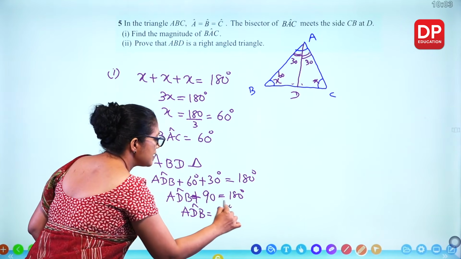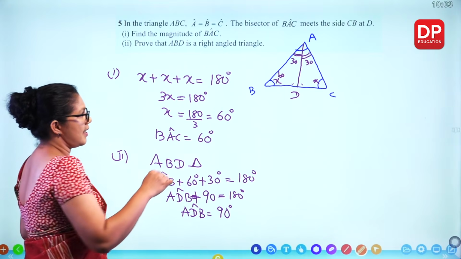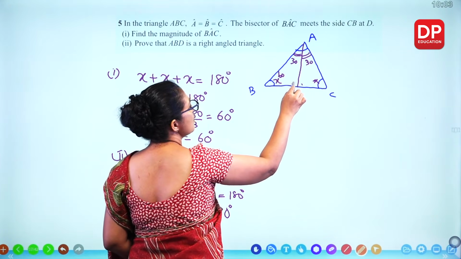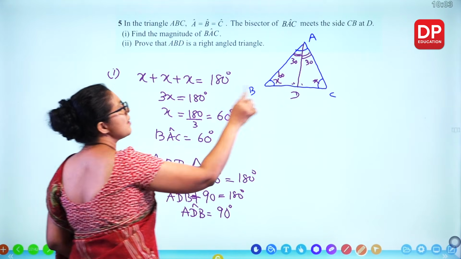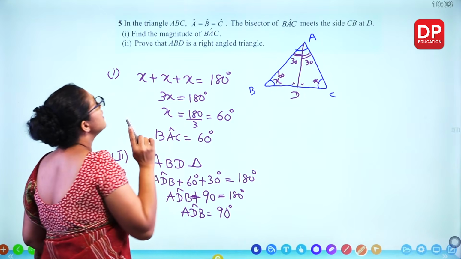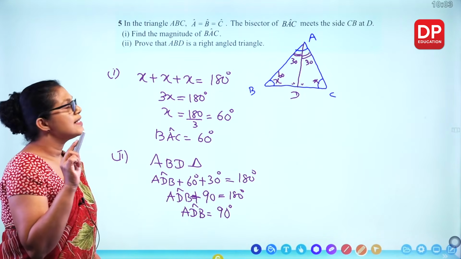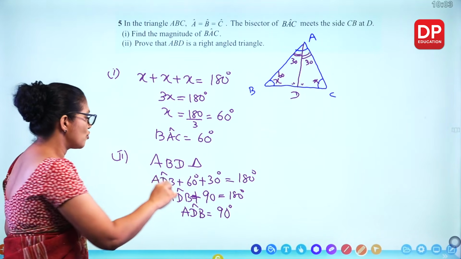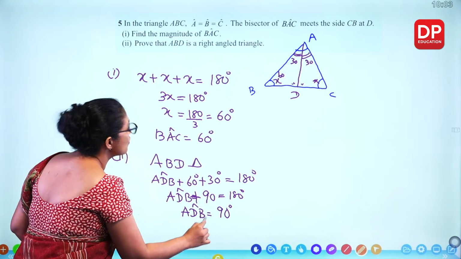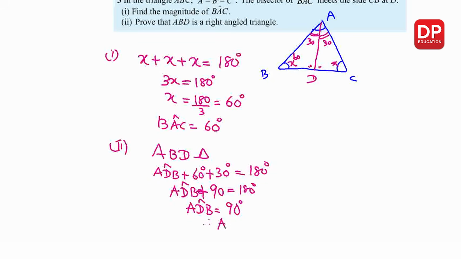That's 90 degrees. So here I found that this is equal to 90. So that means this is also 90. So ABD is a right angle triangle. So one angle is 90. So therefore, ABD is a right angled triangle.